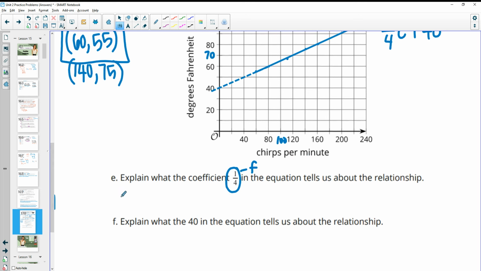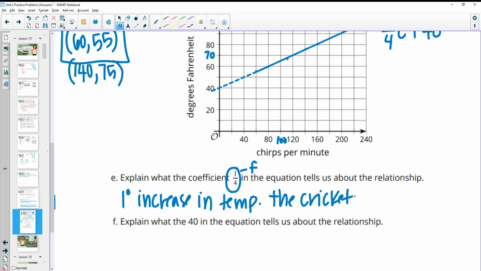So that means for every 1 degree increase in temperature, the crickets chirp 4 more times. And it's 4 more times per minute, right? So for every increase in 1 degree Fahrenheit, they chirp 4 more times.